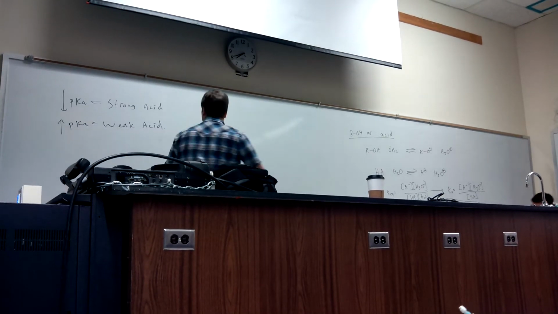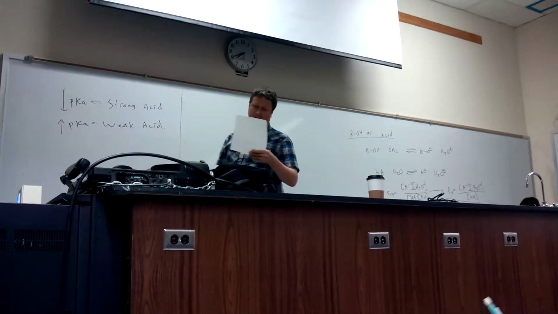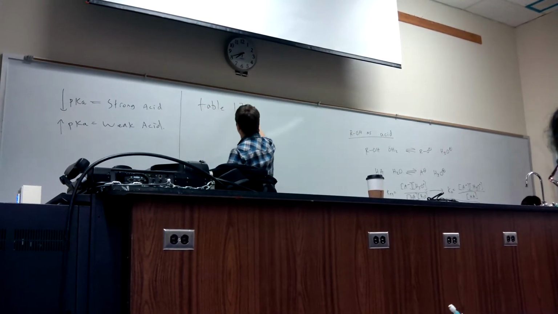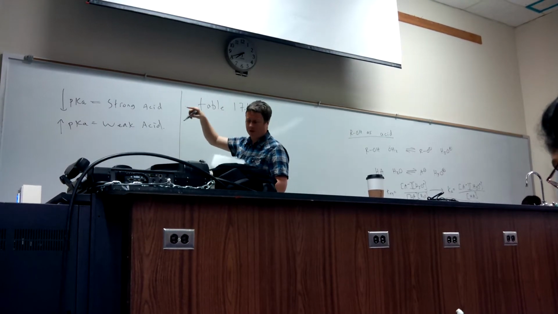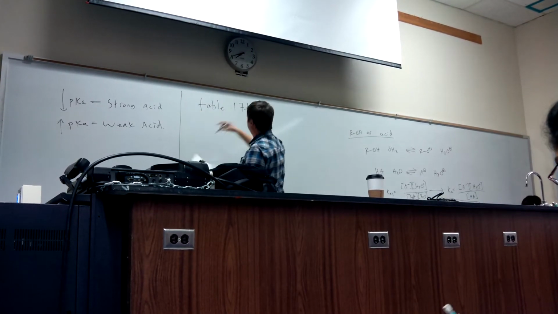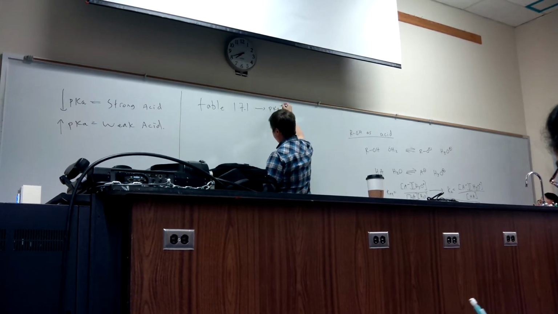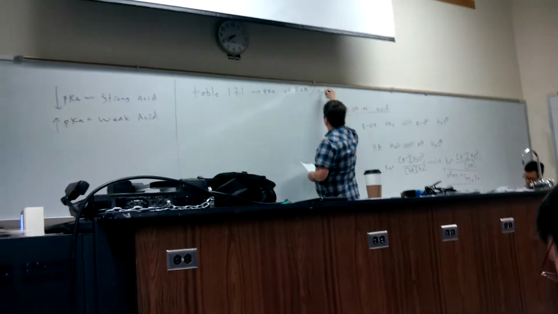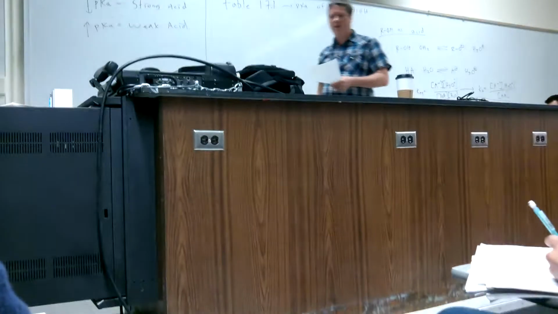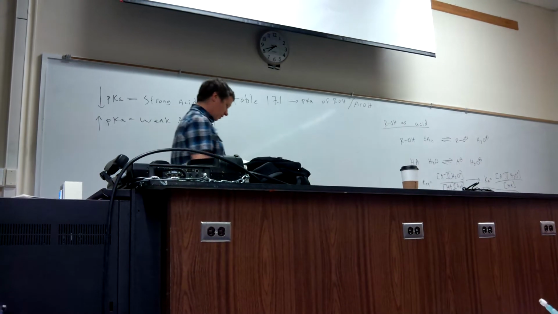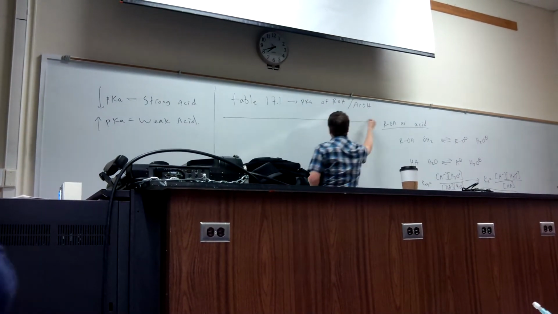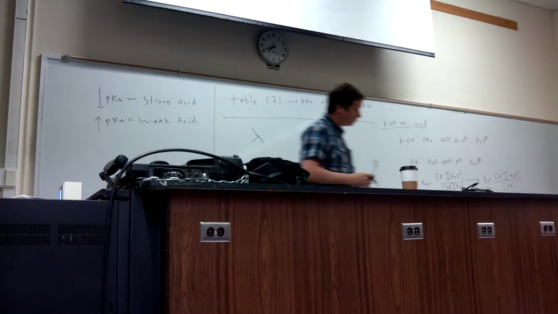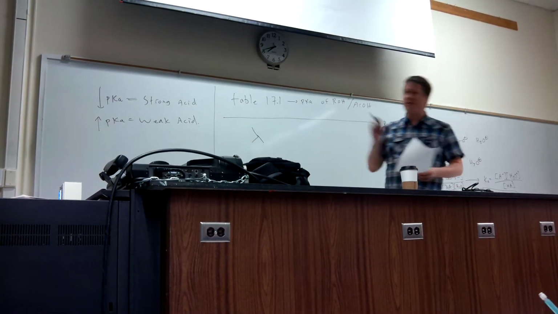Okay, so a couple of examples. I think table 17.1 has some pKa values of various alcohols and phenols. That's useful. But let's just do a couple of them ourselves real quick. Actually, yeah, let's draw a couple.